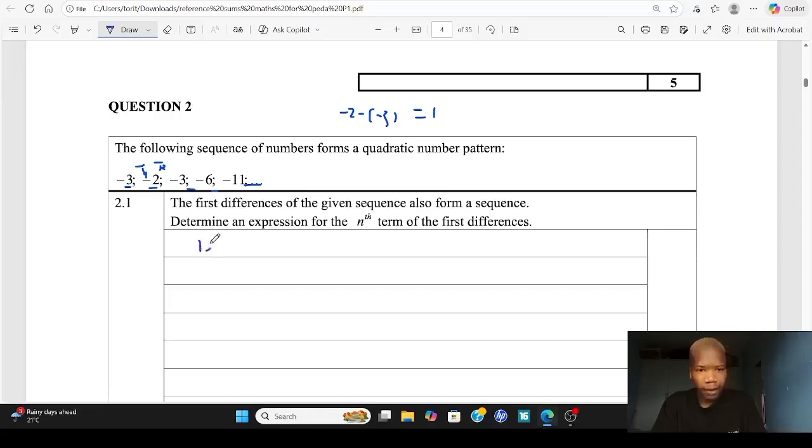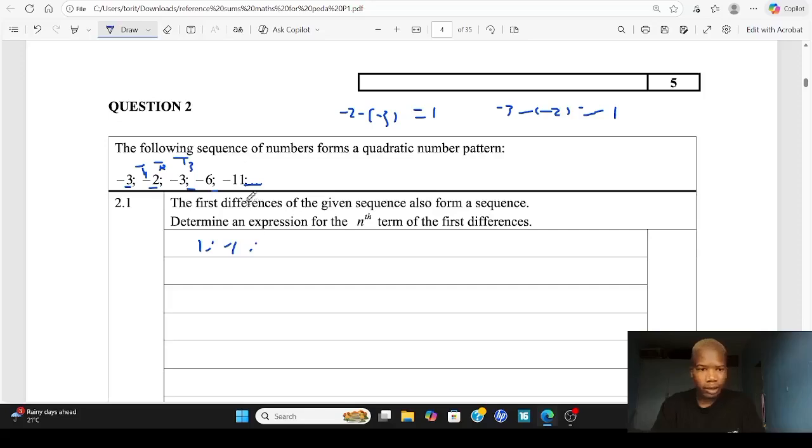Then we go again: t3 minus t2, so it's minus 3 minus minus 2, which is the same as negative 3 plus 2, giving us minus 1. So the second term of the first difference is minus 1.